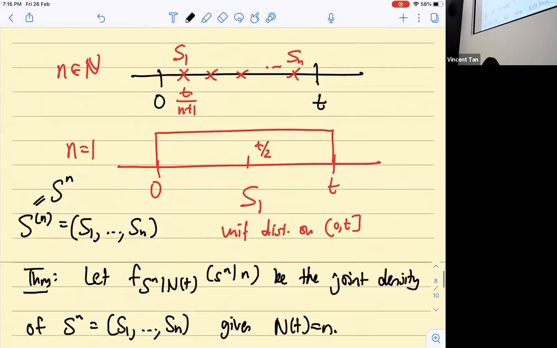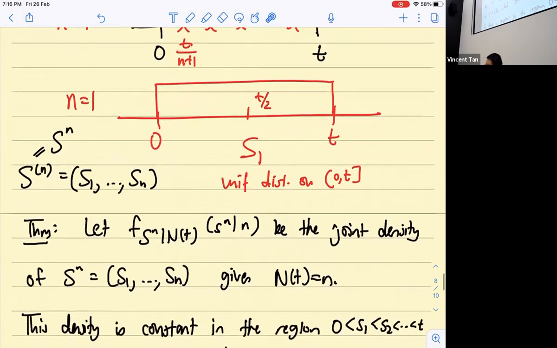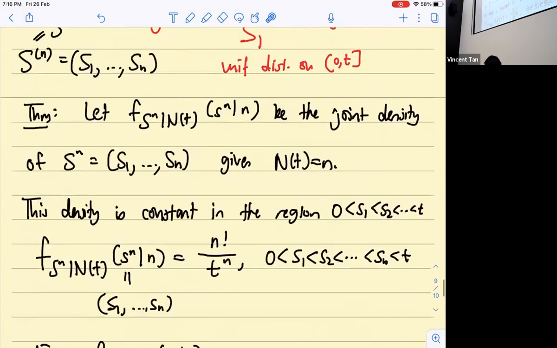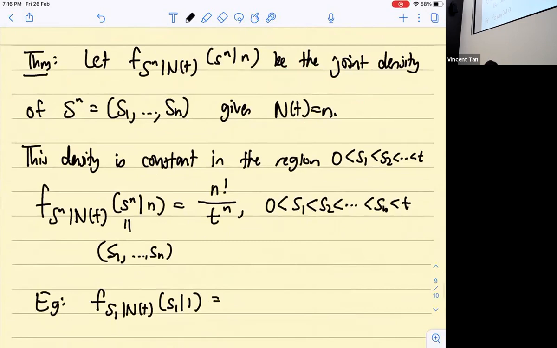So we are in this second situation here, where we only see one arrival. Let's specialize this. So it's 1 factorial over t, for 0 less than s1 less than t. Let's just get rid of the 1 factorial.